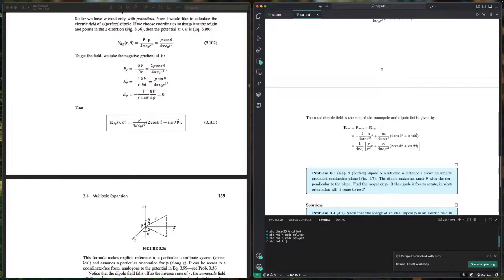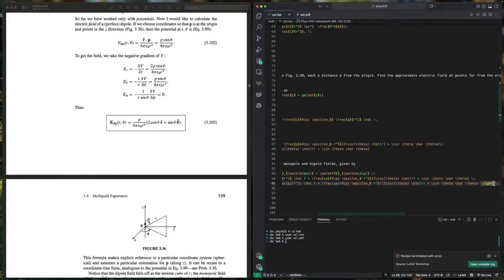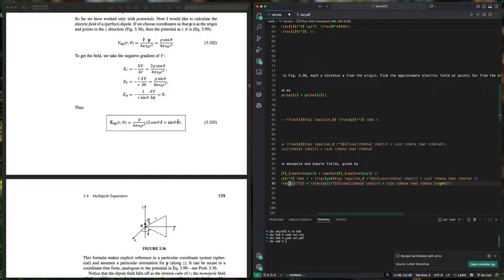So then it should be yA over r cubed. Okay, this is the r hat term.